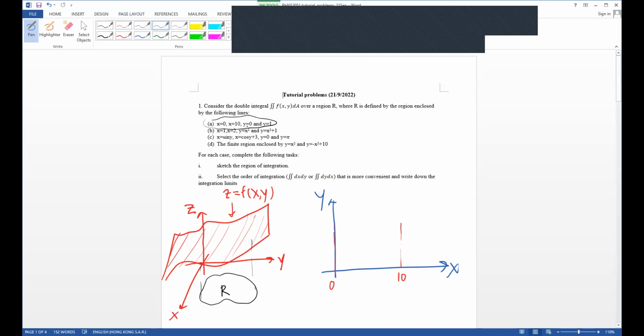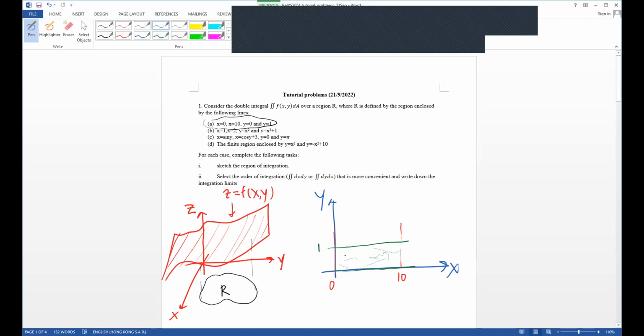And then I have y equals 0 and y equals 1. We are looking for the region enclosed by these 4 lines, which is this region here. For this one, it doesn't matter whether you integrate along x first or along y first. It's equally easy.